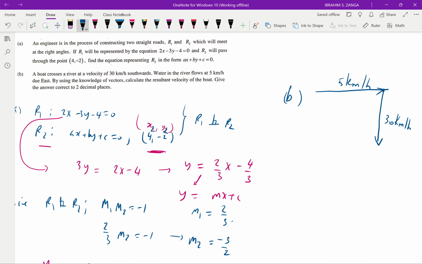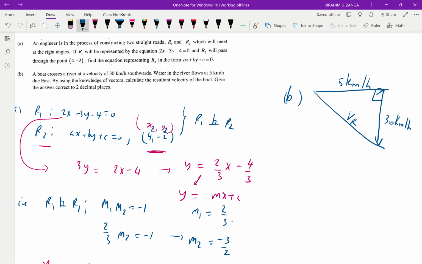So calculate the resultant velocity of the boat. The resultant velocity of the boat. So we are looking for this velocity here, VR equals how much? So this is 90 degrees here, and what we are going to do is use Pythagoras theorem.